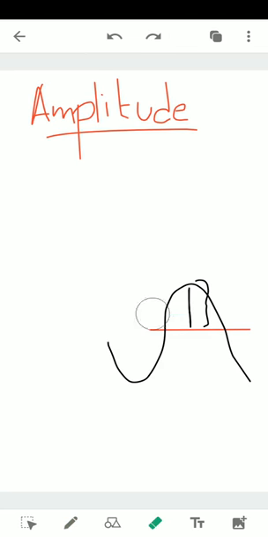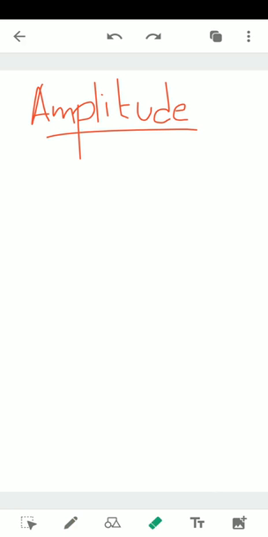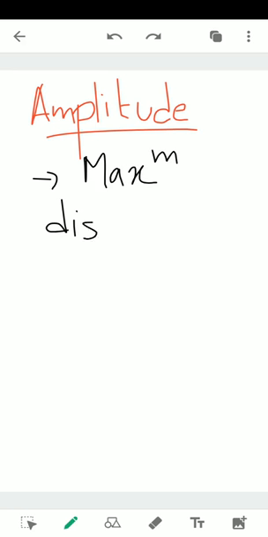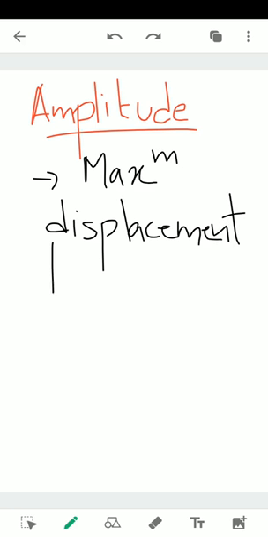Let me write some of the important points related to this. First, it is defined as the maximum displacement from the mean position.